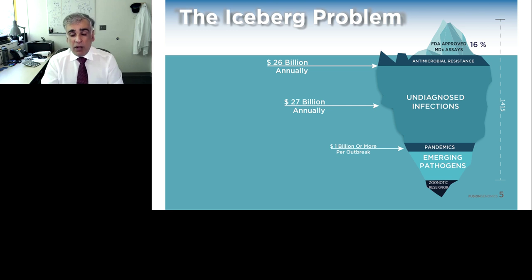Then you have your undiagnosed infections. Underneath those, you have your pandemics, where we hear about a Zika outbreak and things like this. They are all part of this same iceberg. Underneath them, you have your emerging and re-emerging pathogens. For example, pathogens can be in your population for a long time before they emerge and become a pandemic.